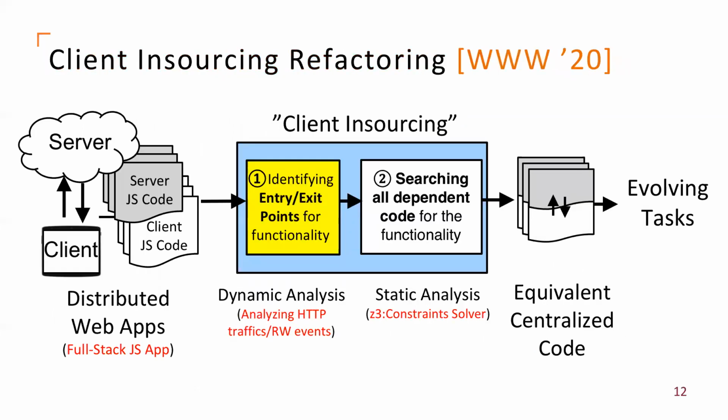To be specific, to identify the entry-exit point, client insourcing applies a dynamic analysis. It instruments the HTTP traffic and the read-write events. Also, client insourcing applies a declarative analysis by means of a constraint solver to search all dependent code on the identified entry-exit point. Next, I'll demonstrate applications that can use the client insourcing refactoring.